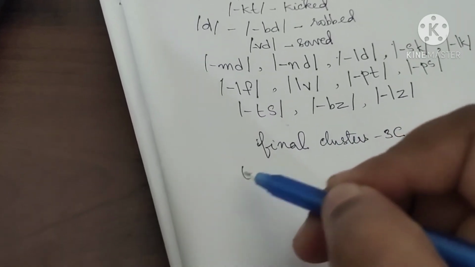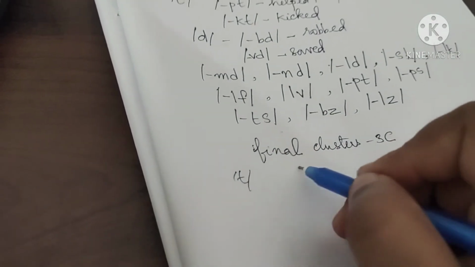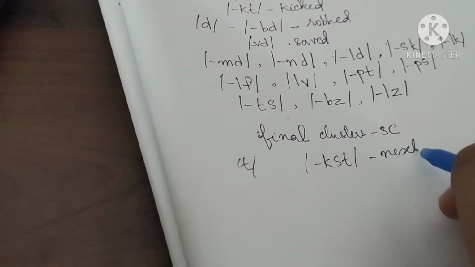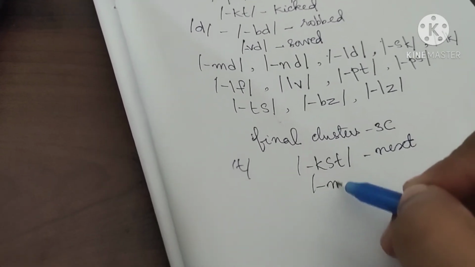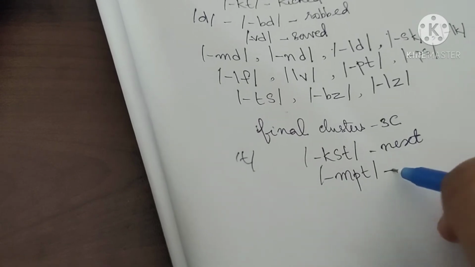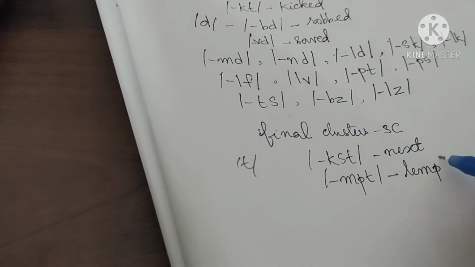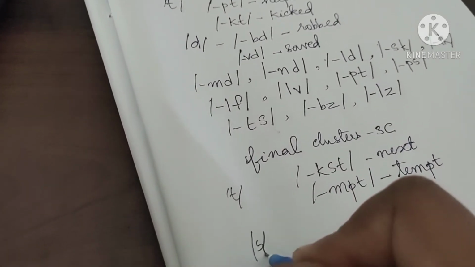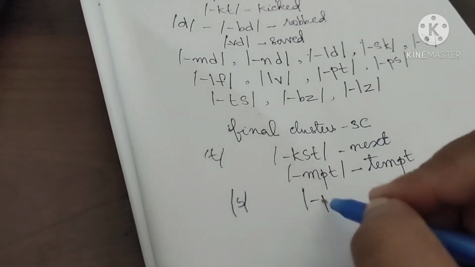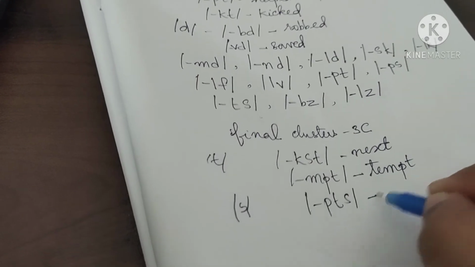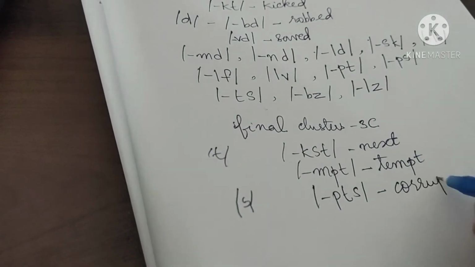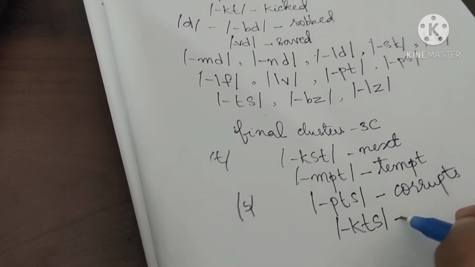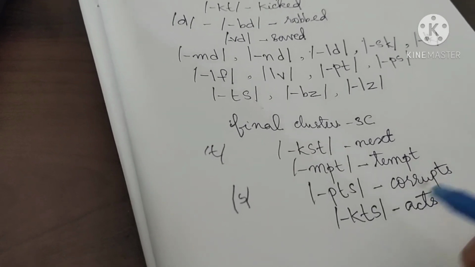With st as the final element, we have st as in next, mt as in tempt. Now next we have ps as in corrupts, ts as in axe.